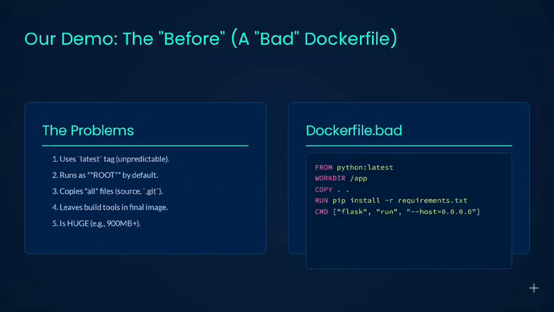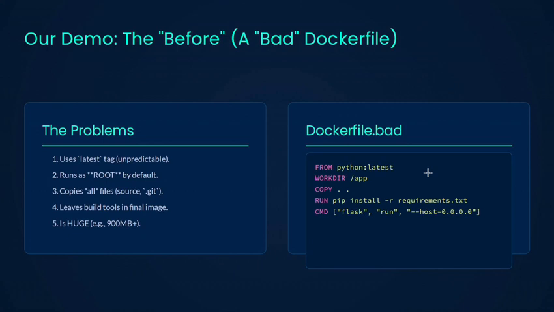So in our demo, the before, this is our starting point. I call this dockerfile.bad, and you will see this everywhere. It uses the Python latest tag, and it copies everything from the current root directory right into the image, and it runs pip install, and then it runs the app.